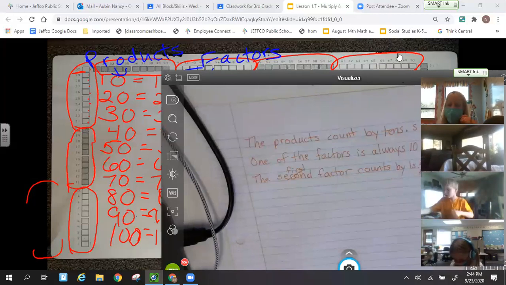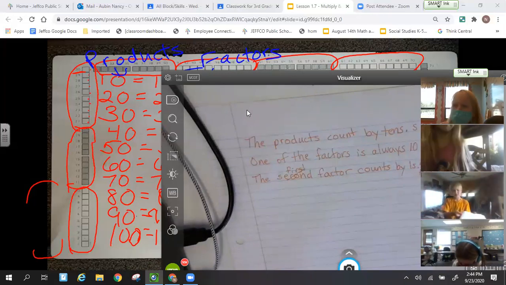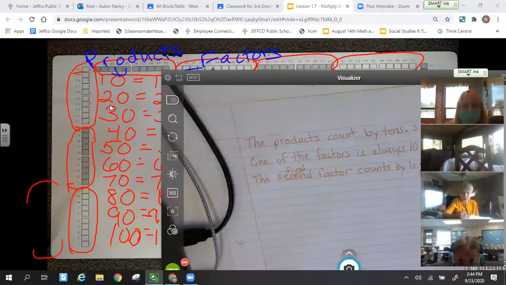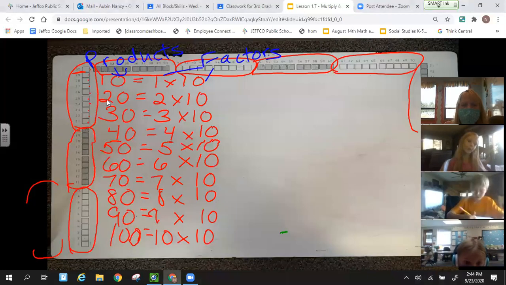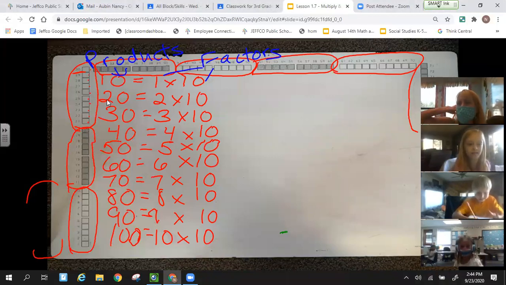I had a hard time hearing that. The 2 from the 20. Here, let's go back to it. I'm going to minimize this for a minute. The 2 from the 20 here. Can you come up and show us, and then maybe I can hear you with all the chatter?